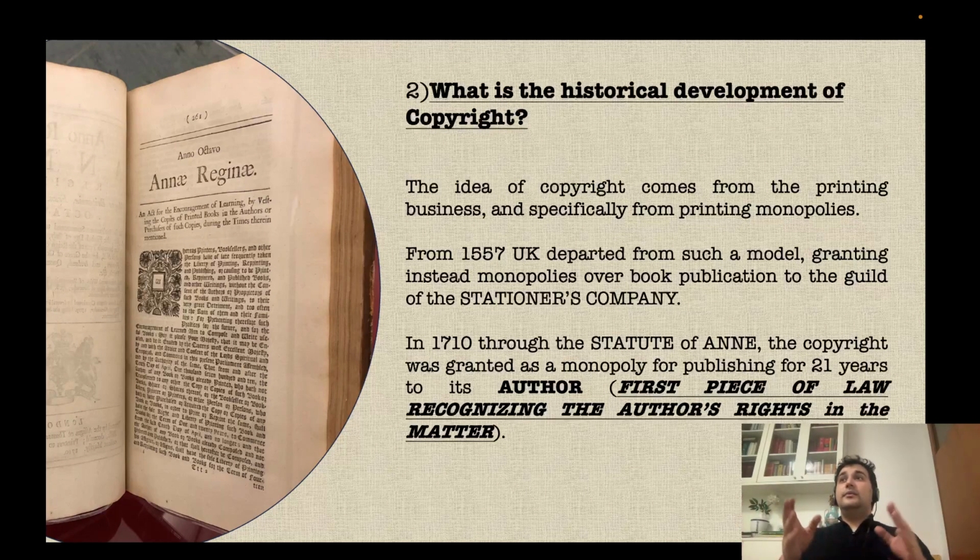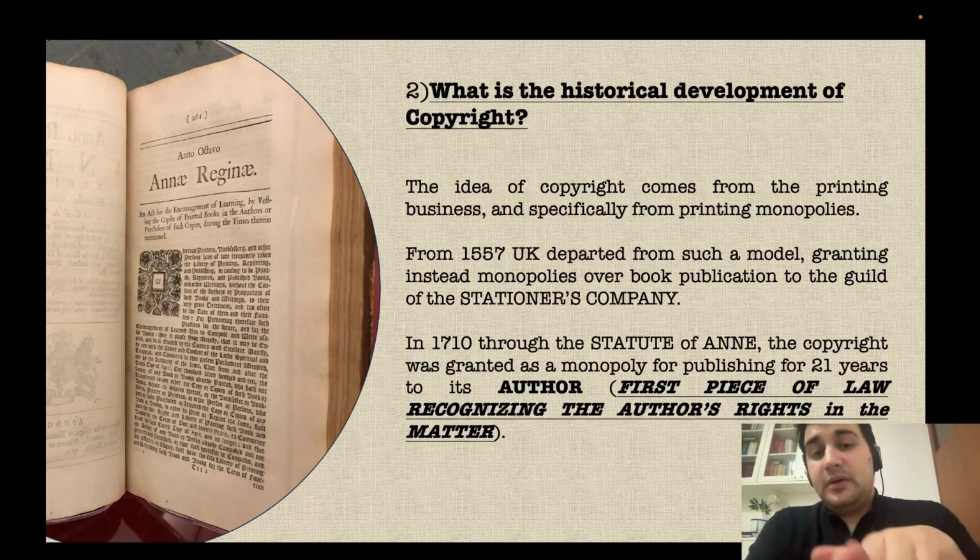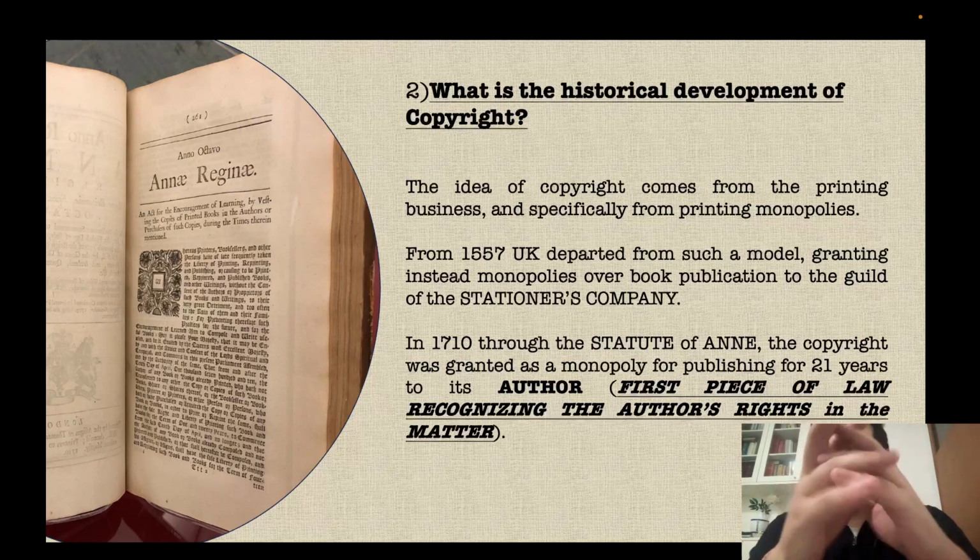So we are talking about centuries of history that right now could face radical changes, if not complete annihilation, in front of market sectors that literally don't need that anymore, or better, that are completely different from what it was intended for. Now, here I stop in 1710, but actually there are three other important treaties.